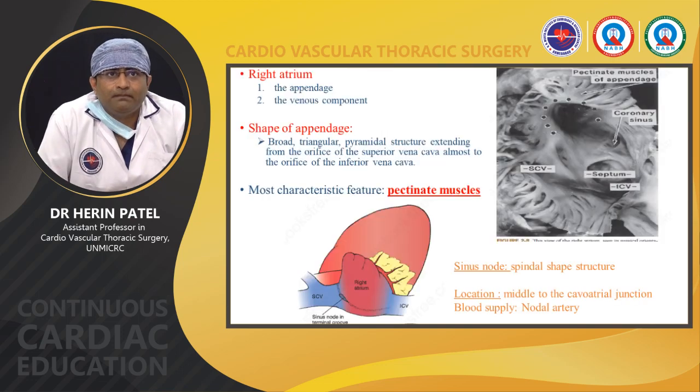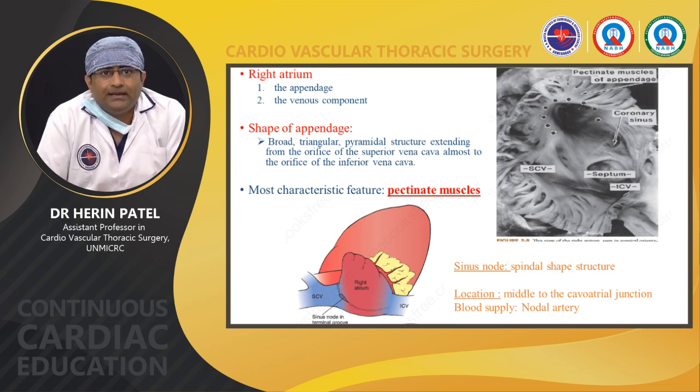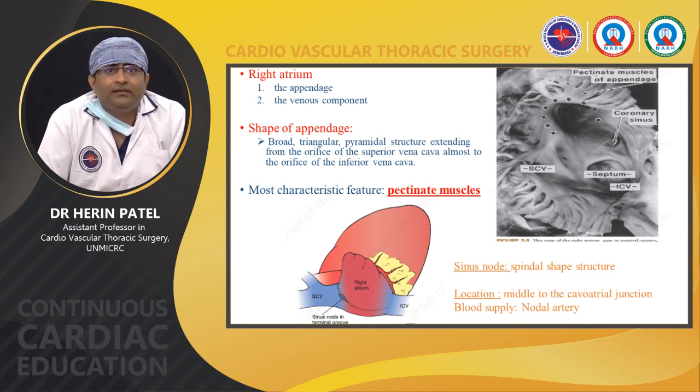The right atrium has three components, chiefly the appendage, the venous component and the vestibule. The appendage is a broad triangular, pyramidal shaped structure. You can see in the picture it extends from the SVC to the IVC, and it is one of the major landmarks to identify the right heart structure.